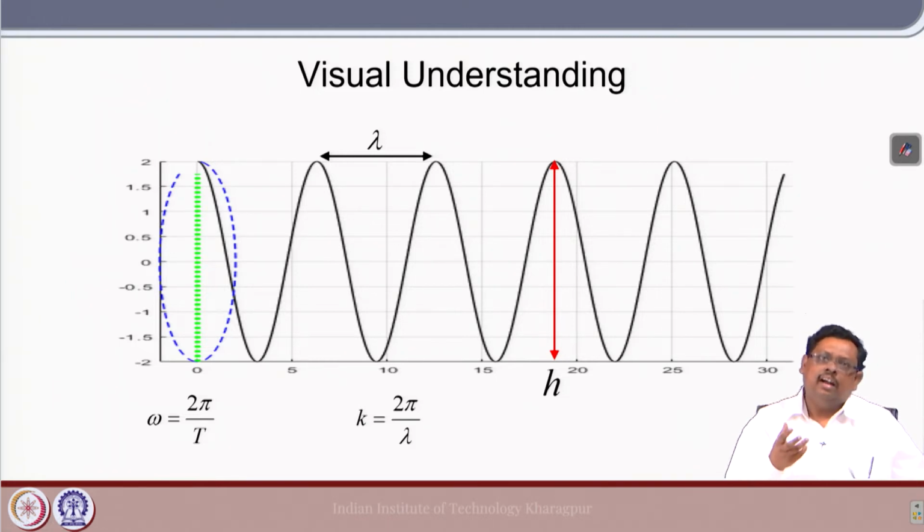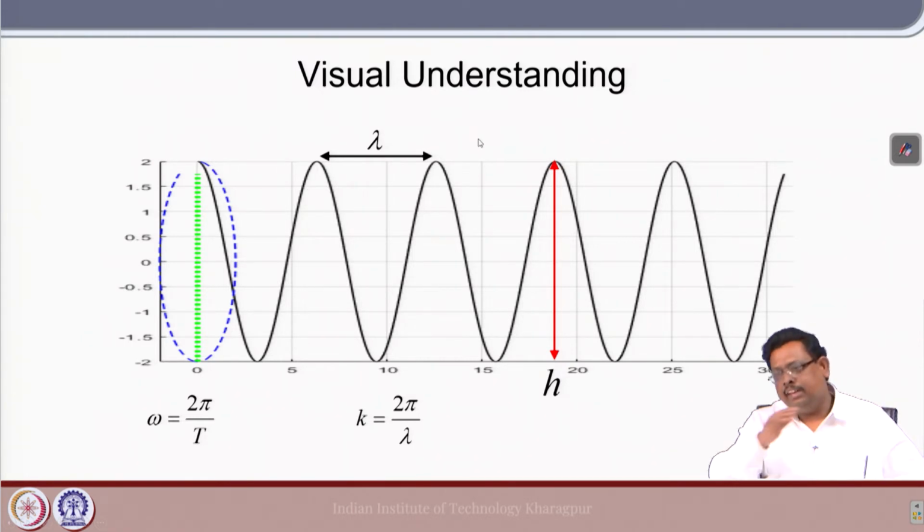So, this is harmonic in the direction of x if you take a snapshot, and it is harmonic in the direction of t also. In the direction of t, we have the frequency omega; in the direction of x, that means the direction of wave propagation, since this is all harmonic, we call this the wave number. So, here omega equals 2 pi by T, and here k equals 2 pi by lambda. Okay.